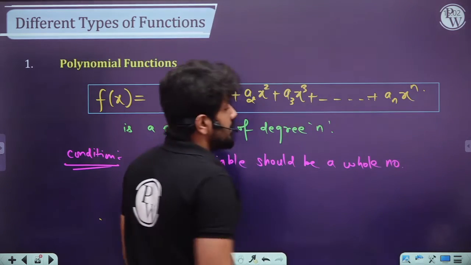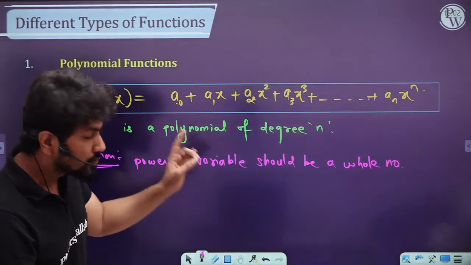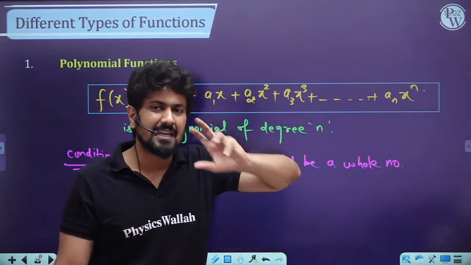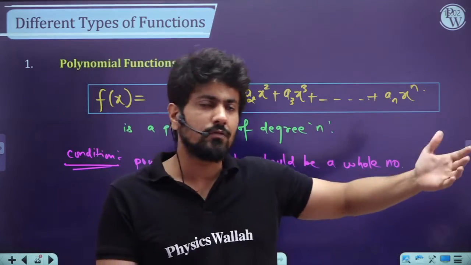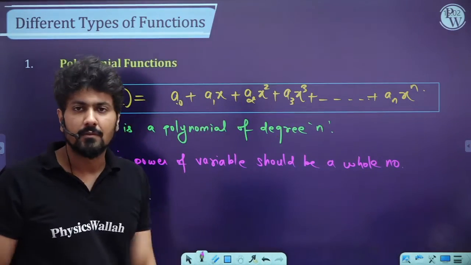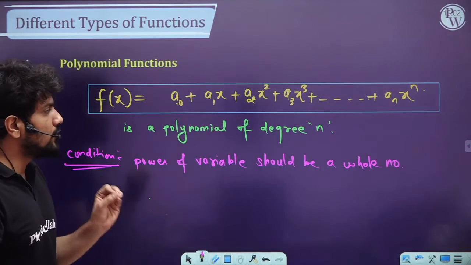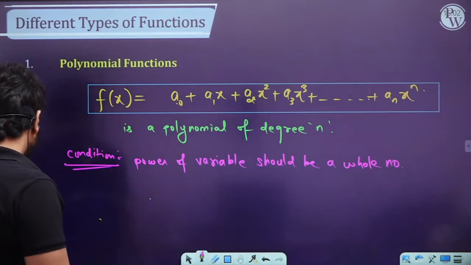The power should not be negative, should not be a fraction; it should be a whole number. The power of x can be 0 or 1 or 2 or 3 or 4, which you can see over here. Then we call this a polynomial function of degree n.